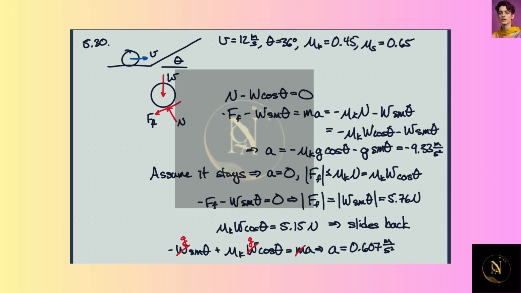And if theta is 90 degrees, then the cosine is 0 and the sine is 1, so the acceleration is in fact negative g. So again, we have these accelerations because we have this kinetic friction force acting.